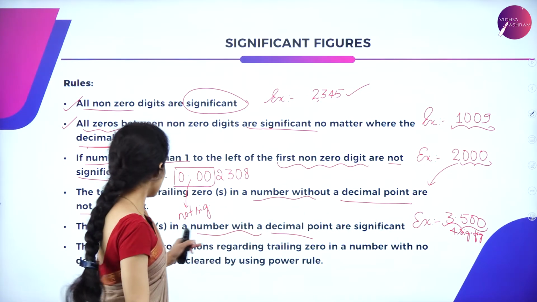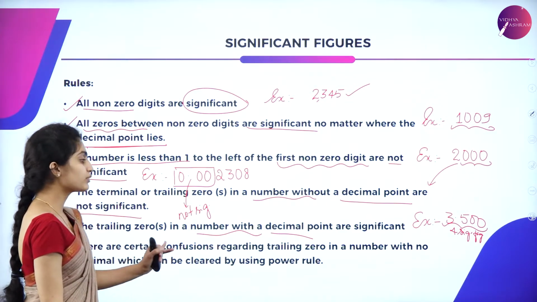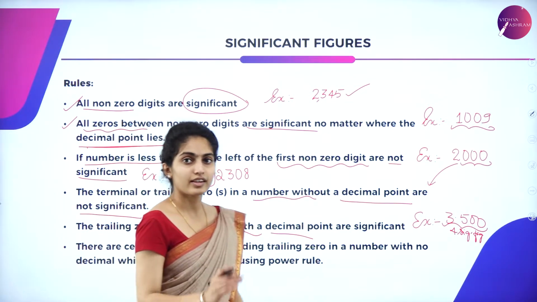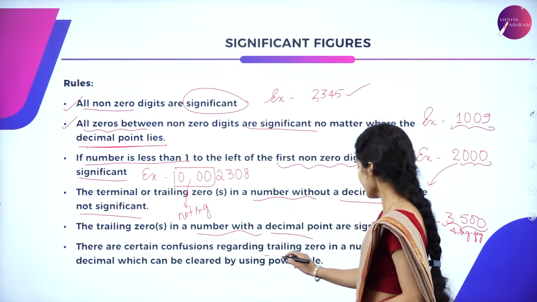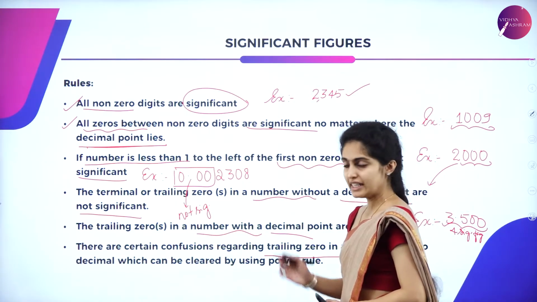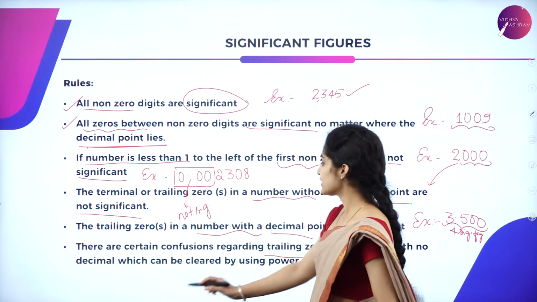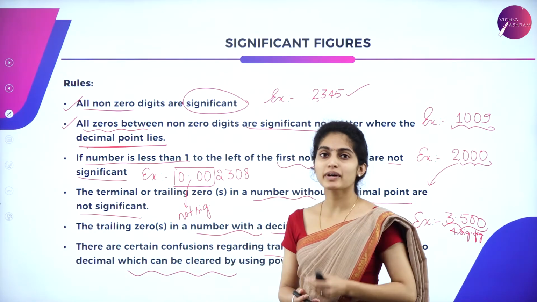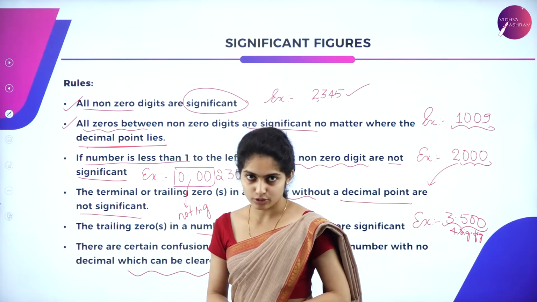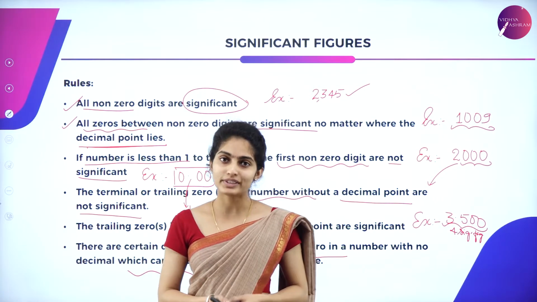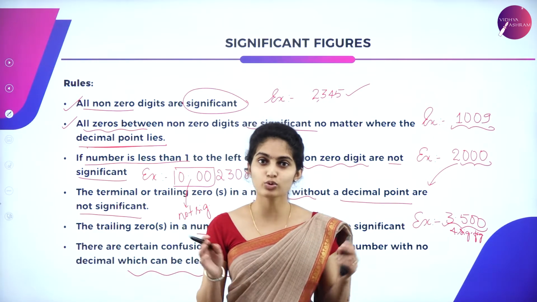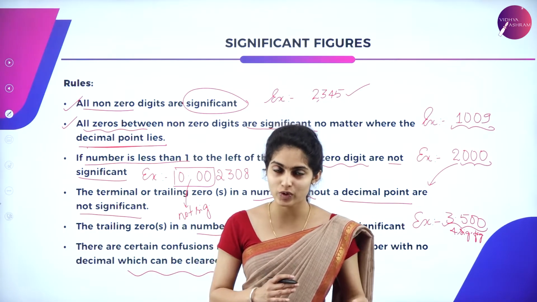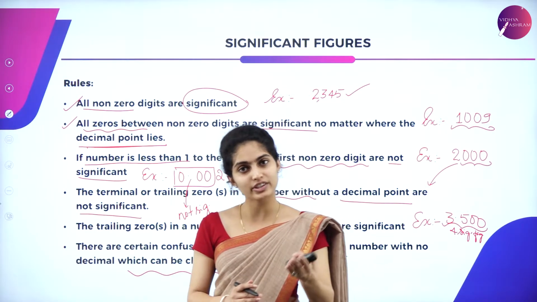Okay, so the last rule: there are certain confusions regarding the trailing zeros in a number with no decimals, which can be cleared by using a power rule. How does the power rule work? You have all heard of multiplying by 10 raised to 1, 10 raised to 2, 10 raised to 3.